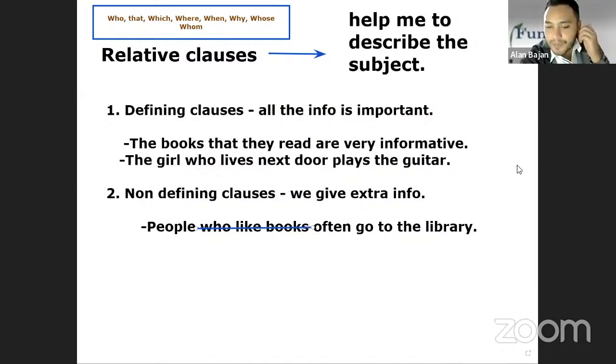Yes, people often go to the library. The sentence still makes sense. Let's go for another example. Let's see other example here.